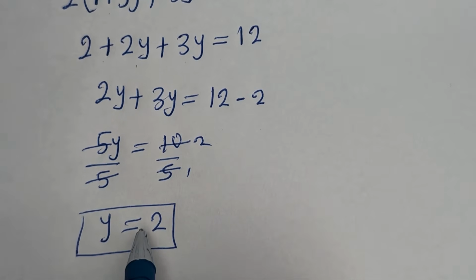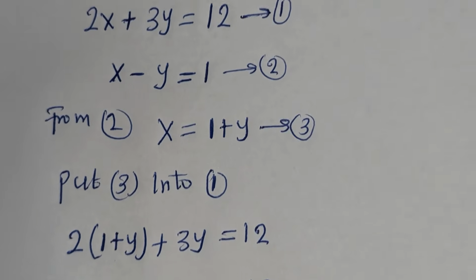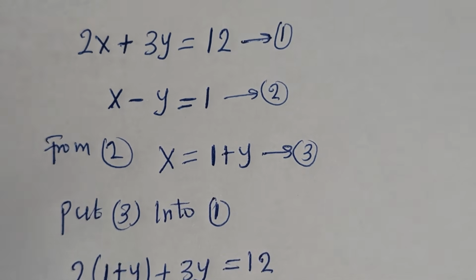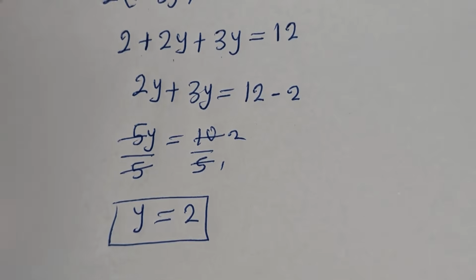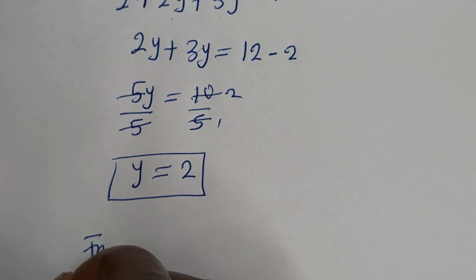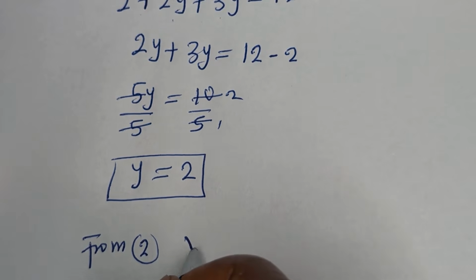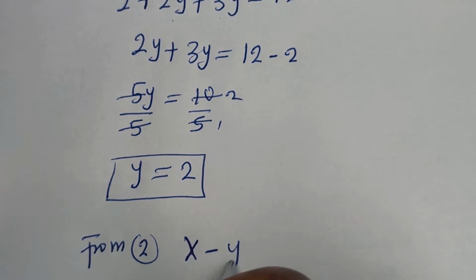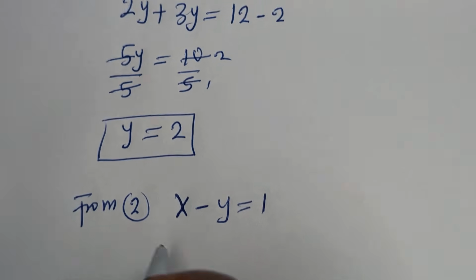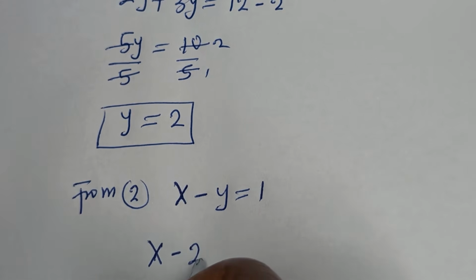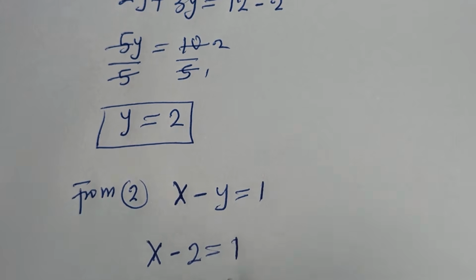Let us solve for x using either equation 1 or equation 2. But I'm going to make use of this same equation 2. From equation 2, x minus y is equal to 1. x minus 2 is equal to 1.